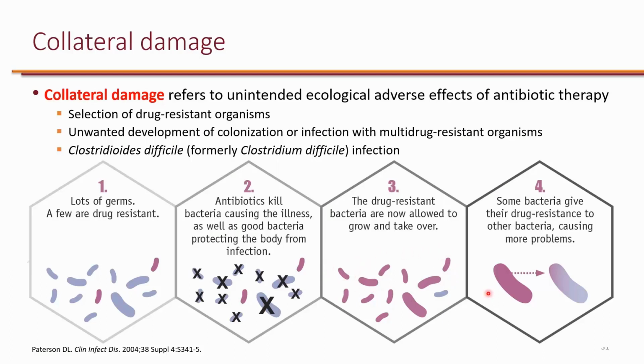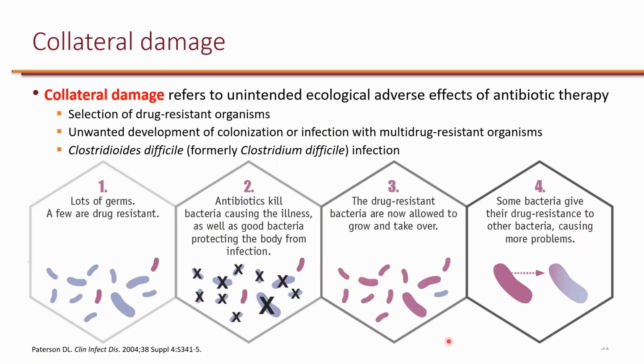Then when the day comes when an actual pathogen invades the host and causes infection, these flora can transfer those resistant genes to the pathogenic bacteria from plasmids and cause infections that are resistant to antibiotics. And this is referred to as selective pressure, where the resistant organism becomes the dominant species.